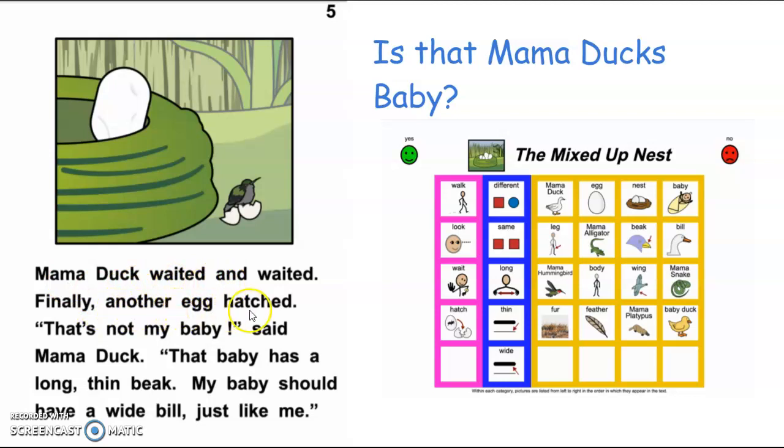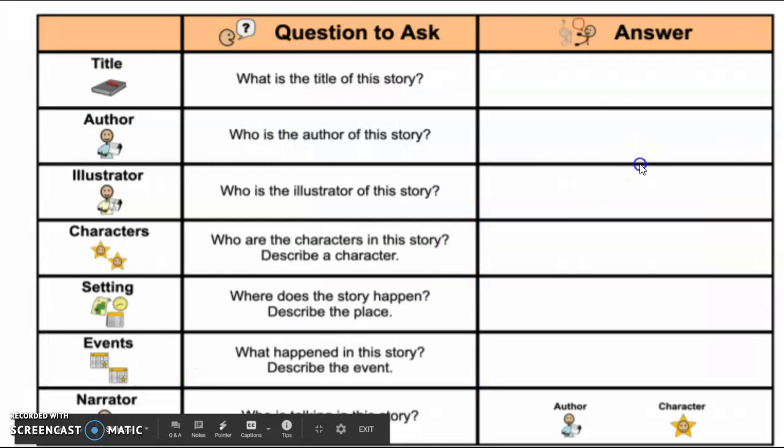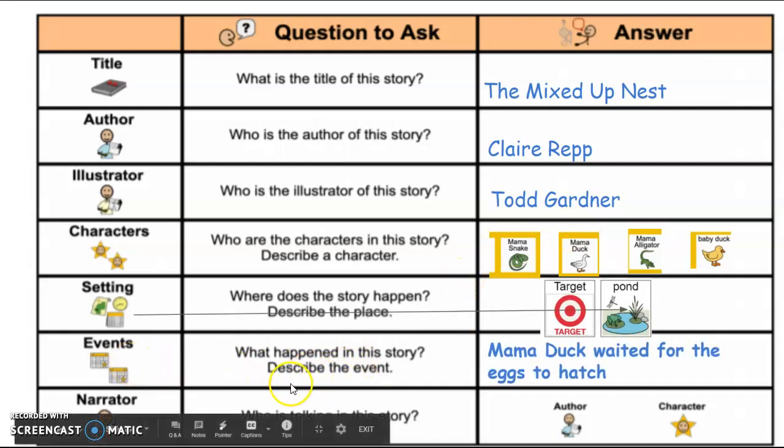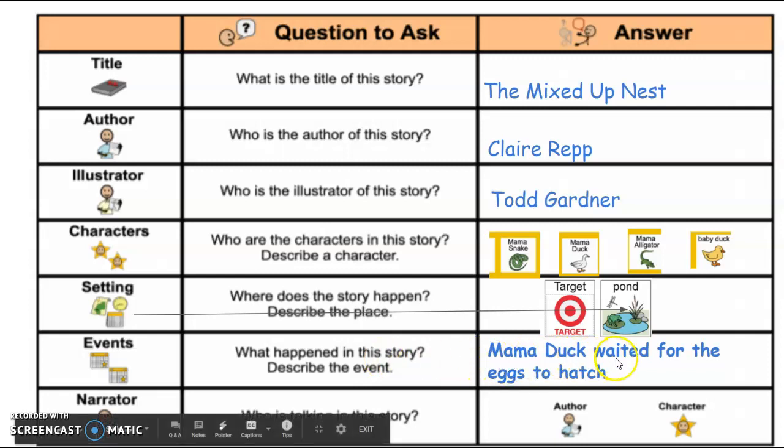Finally, another egg hatched. So one thing we can say that happened in the story is Mama Duck waited for the eggs to hatch. She was looking for her baby in this story. But in order to find her baby, she had to wait for the eggs to hatch.